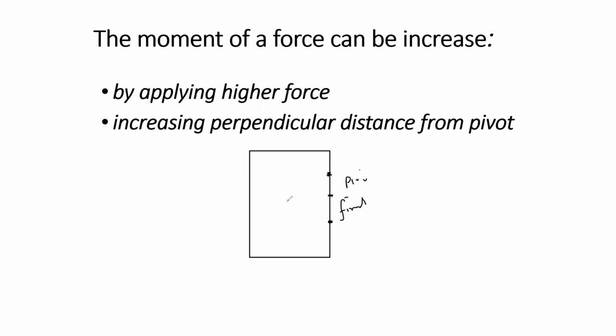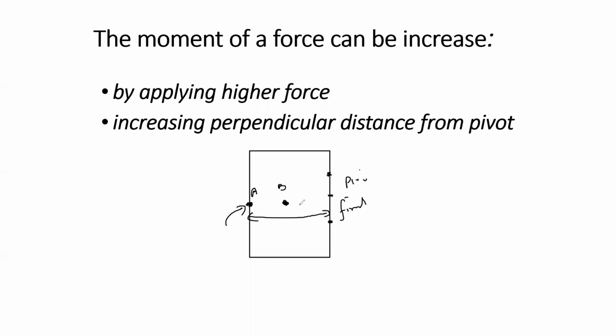They are not placing a door handle in the center, they are placing it at the other end. Why? So that it has a greater distance from the pivot, so the door can be easily rotated or turned, and we can produce a greater turning effect.